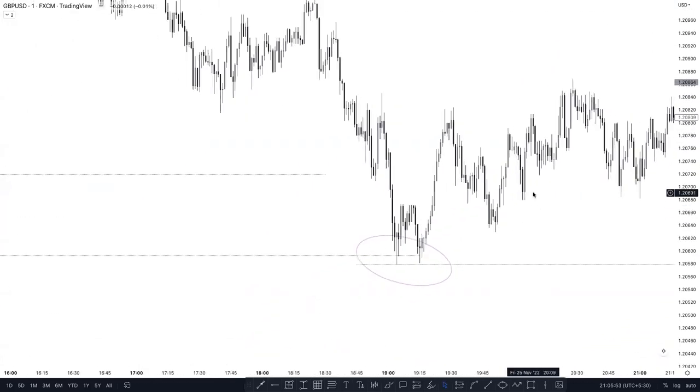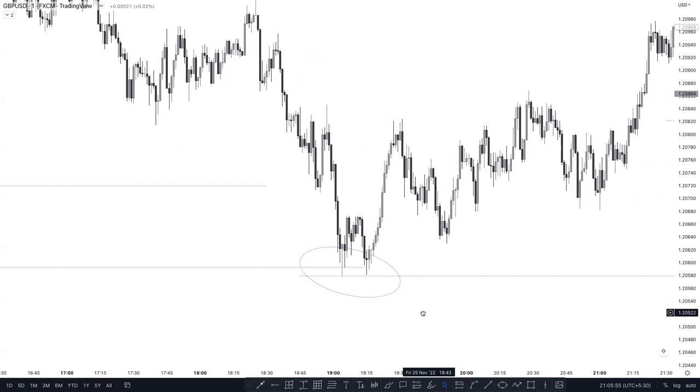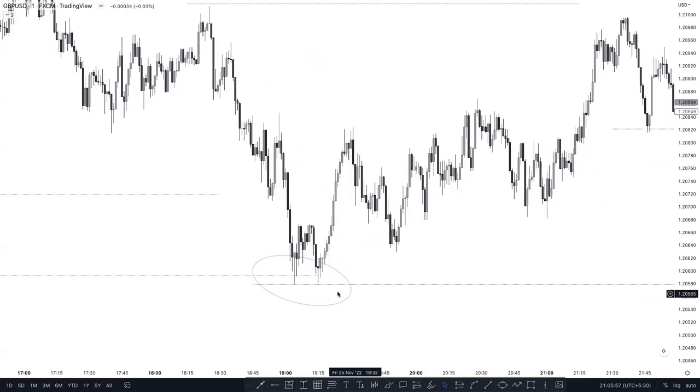Like this. At this point the choch is here. Okay, the choch is here, the inducement, and the general liquidity is just below it, this one.